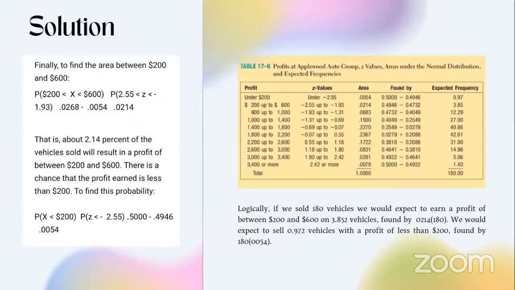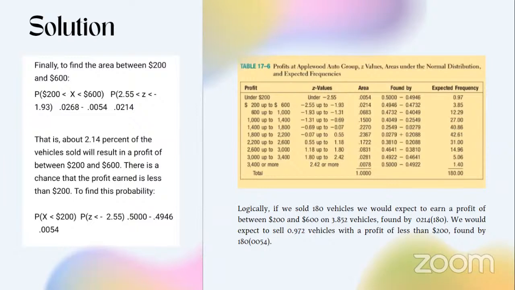To find this probability, we can use P(X < $200) = P(Z < -2.55) = 0.5000 - 0.4946 = 0.0054.